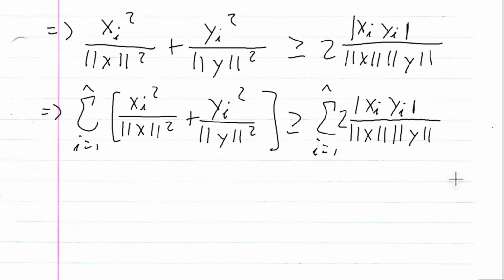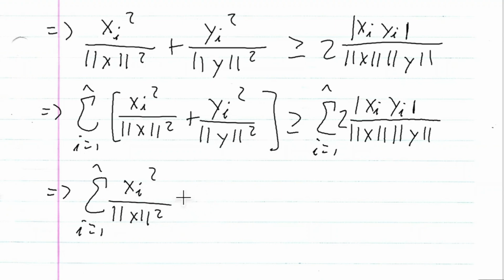Okay, so now we're going to use some properties of finite sums. So we know this sum is the same thing as the sum from i equals 1 to n of x_i squared over the norm of x squared plus the sum from i equals 1 to n of y_i squared over the norm of y squared.